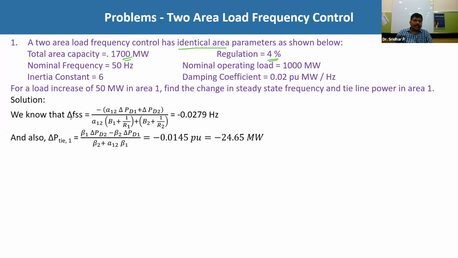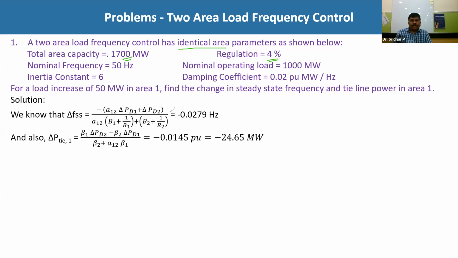Just now we have derived these expressions. So delta FSS is equal to minus of A12 delta PD1 plus delta PD2 divided by A12 into B1 plus 1 by R1 plus B2 into 1 by R2.